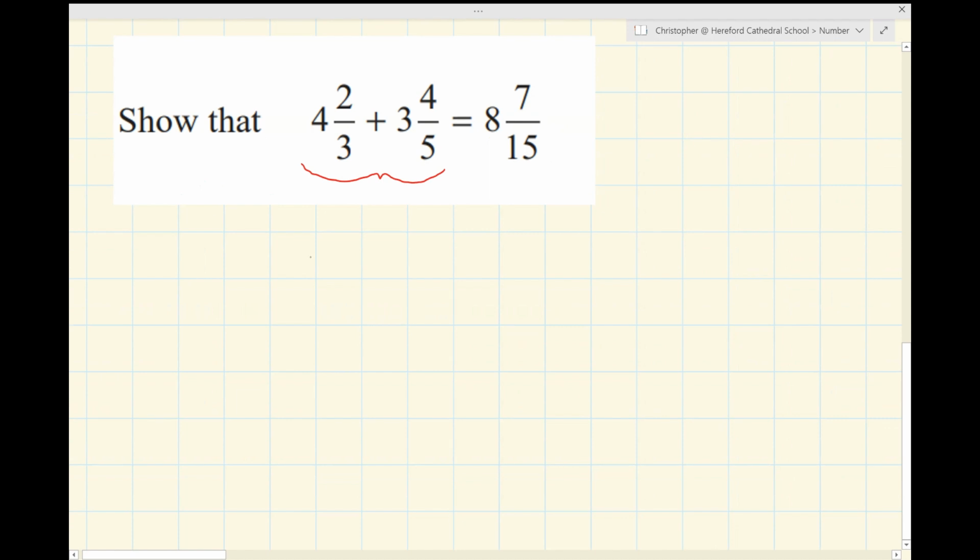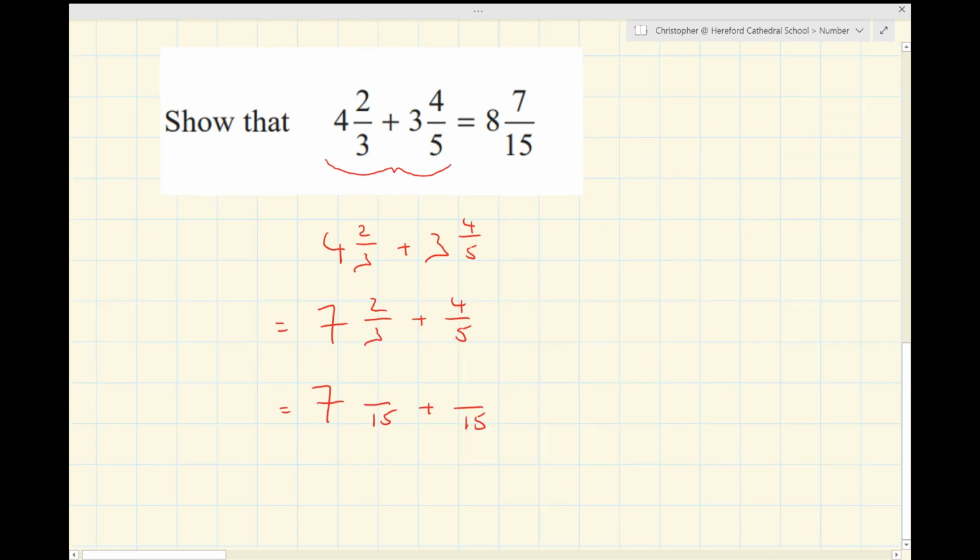So all I'm really being asked to do in this question is to work out 4 2/3 plus 3 4/5. So wholes first, the 4 and the 3 gives me 7, and now I'm left with 2/3 plus 4/5. Thirds and fifths. I'm going to change those into 15ths. Okay, and of course I'm going to copy down my 7 wholes.